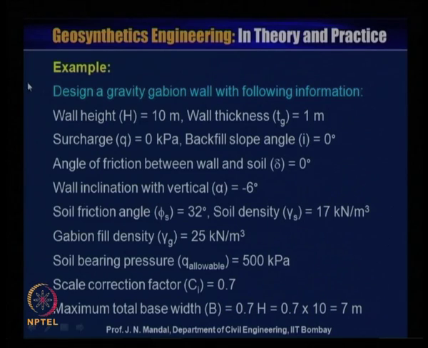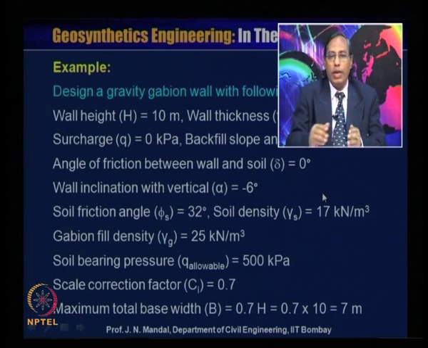The wall height H is 10 meter, wall thickness Tg is 1 meter, surcharge load Q is 0 kilopascal, backfill slope angle I is 0, angle of friction between wall and soil delta is 0, wall inclination with the vertical alpha is minus 6 degree, soil friction angle phi s is 32 degree, soil density gamma s is equal to 17 kilonewton per meter cube, gabion field density gamma g is 25 kilonewton per meter cube, because we use the stone.